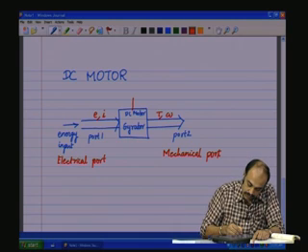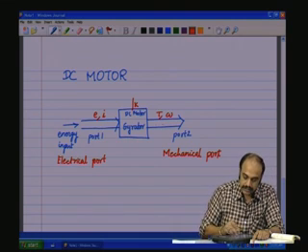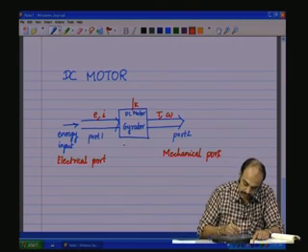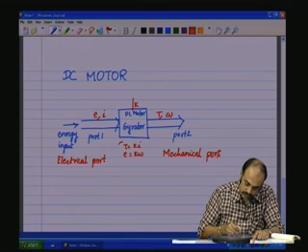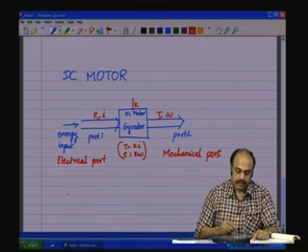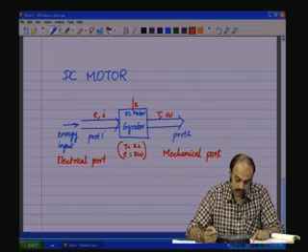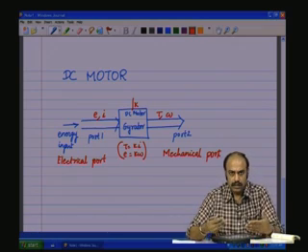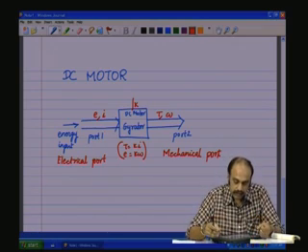And there is a parameter K, which links the two with the equation T is equal to K I, and E is equal to K omega. This would be the gyrator link operation between the two.